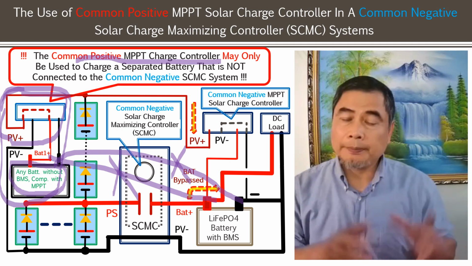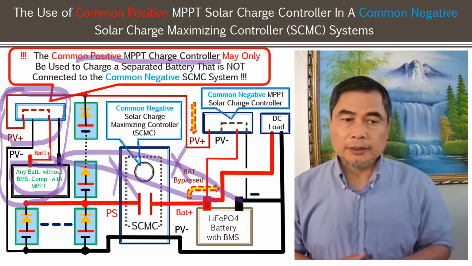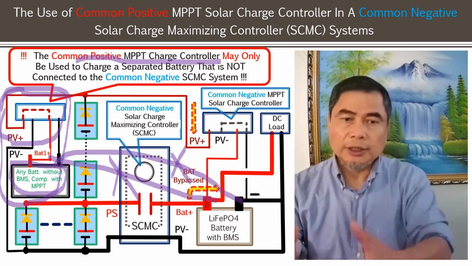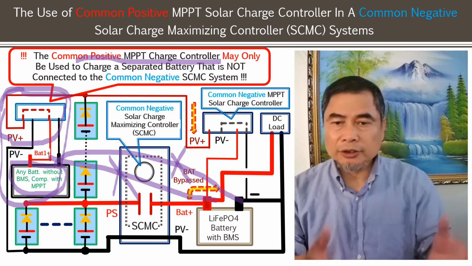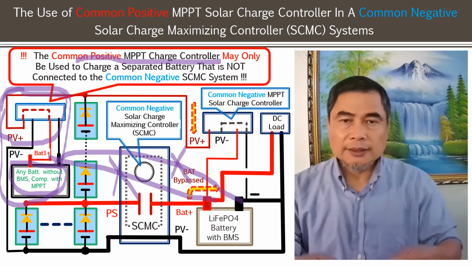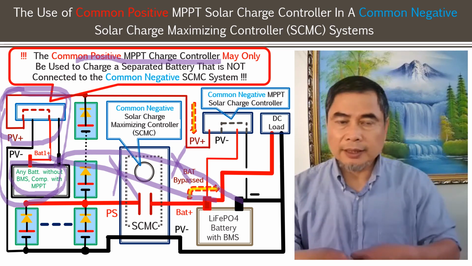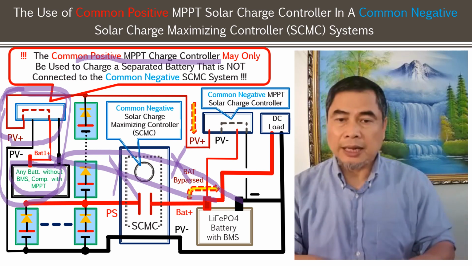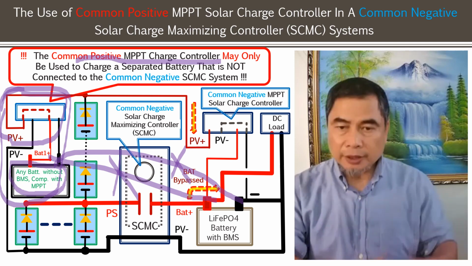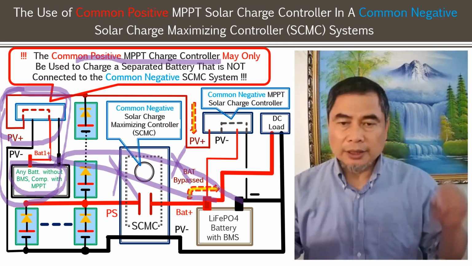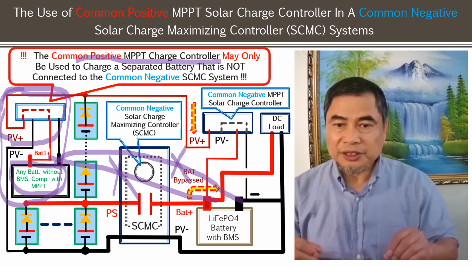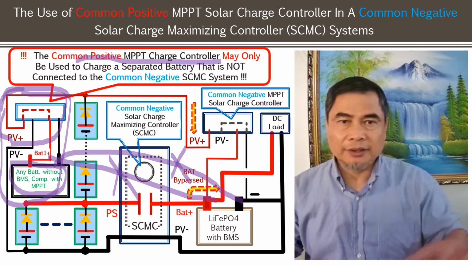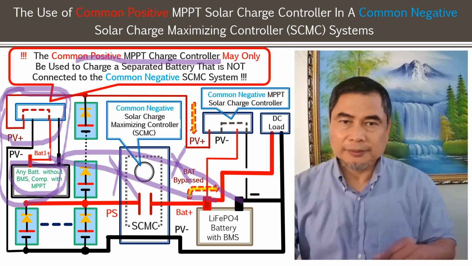They have the common positive design, and that common positive MPPT solid charge controller could be used in this common negative system, but it has to charge a separate battery, say a portable battery, which can be used to charge a cell phone or similar. But you never want to have these two batteries connected together. It's very important, because if you check with a voltage meter, you will be surprised, the voltage is so high. So you definitely don't want to join them together. You're going to cause short circuits.